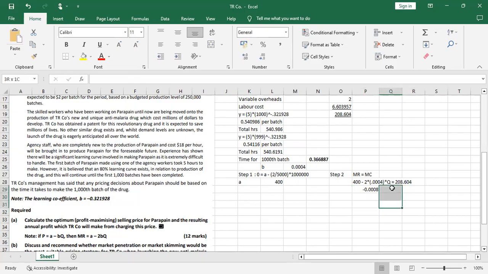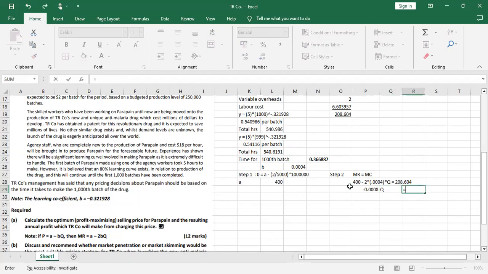It is 0.0008 Q, and then it is equal to, you can switch 400 from left hand side to right hand side.